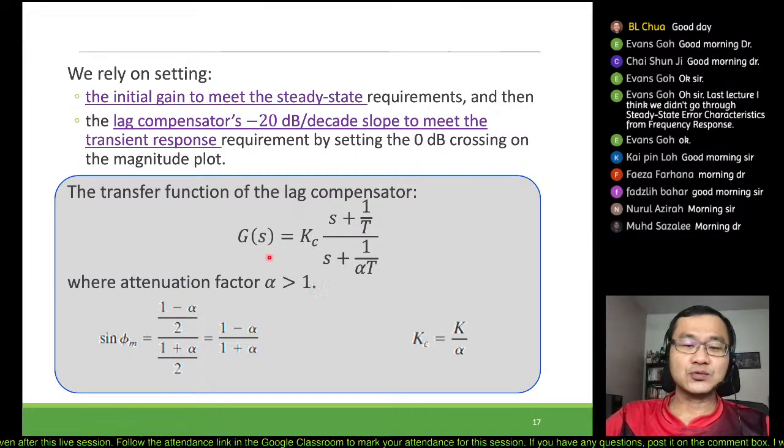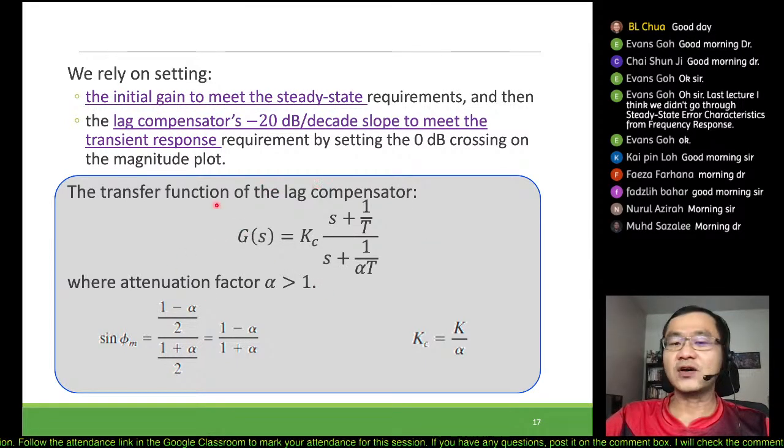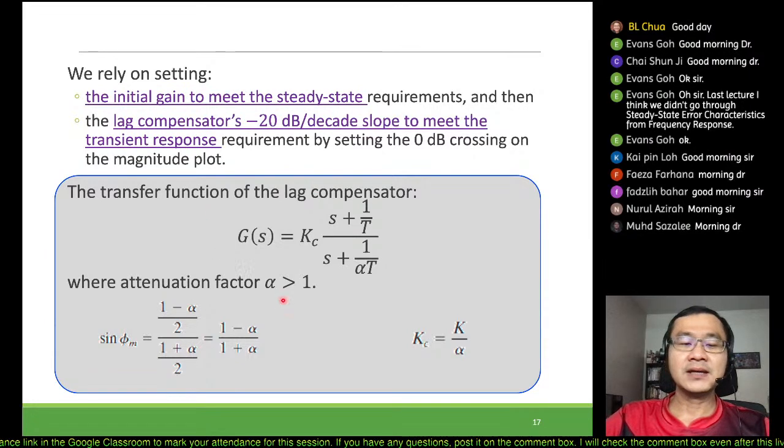All right, so this would be the transfer function for a lag compensator, and these equations relate the attenuation factor with respect to the phase margin. So you have this equation: sine of phase margin equals 1 minus alpha divided by 1 plus alpha. So this is the relation between them.